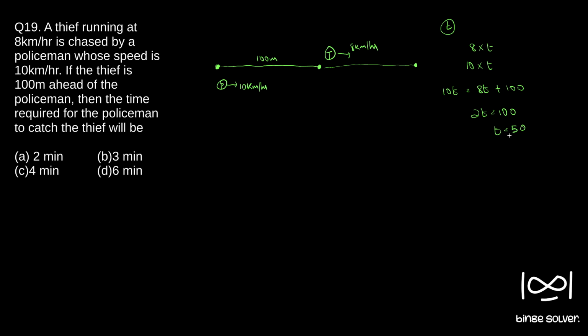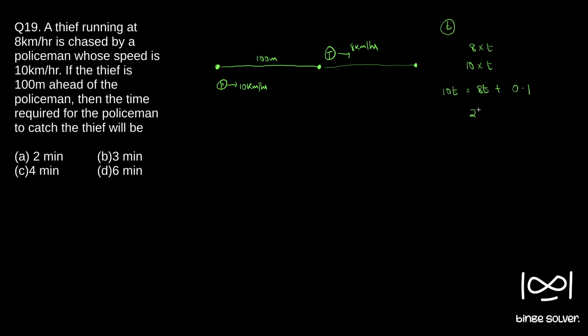This is 100 meters, so this is wrong, since the units are not the same. Since we have 100 meters here, if we write everything in kilometers and hours, 100 meters becomes 100 by 1000, that is 0.1.